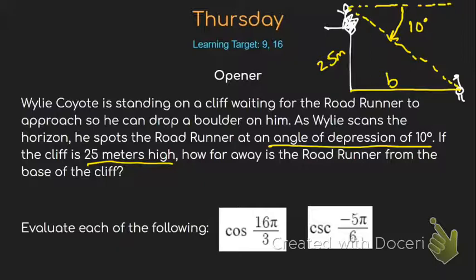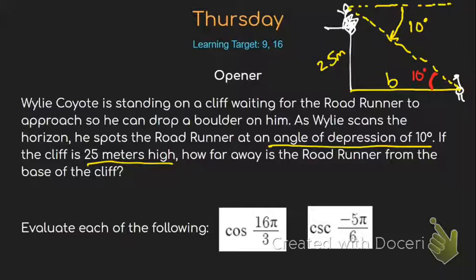So, if I look at this, what do you notice? What do you know? How might we be able to find B? That 10 degrees, you can't measure anything with that right there. So you have to put it at the angle where the Roadrunner is, because those two are alternate interior angles.